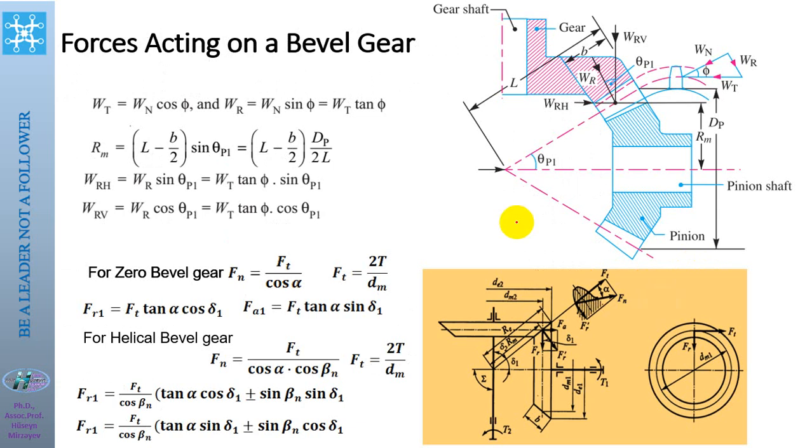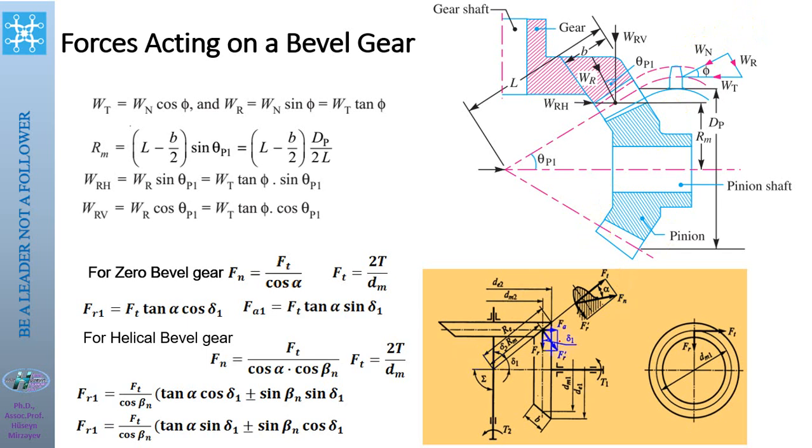The force acting on the bevel gears may be calculated according to this sketch, the sketch for the determination of the force acting on the bevel gears. We know that in the engagement the normal force Fn acts, or in this sketch Wn.